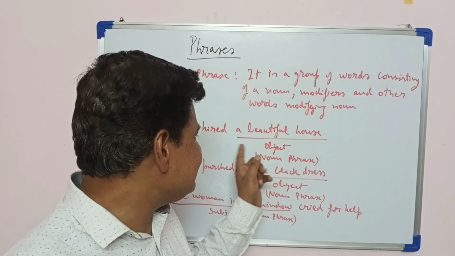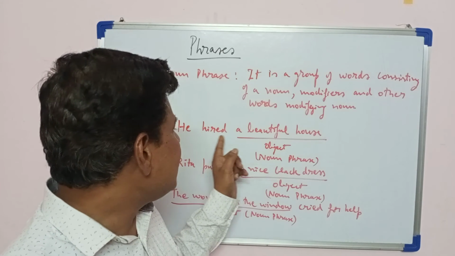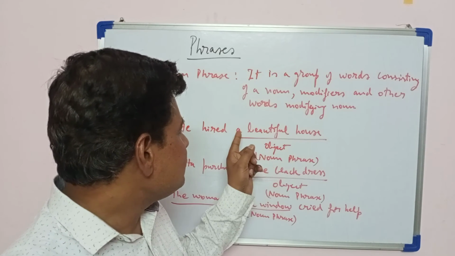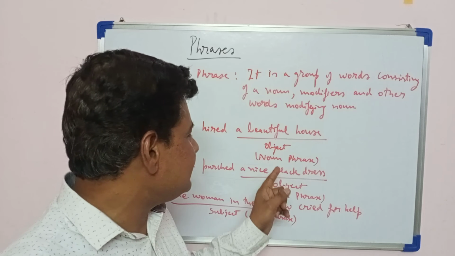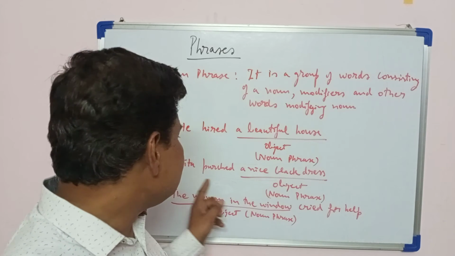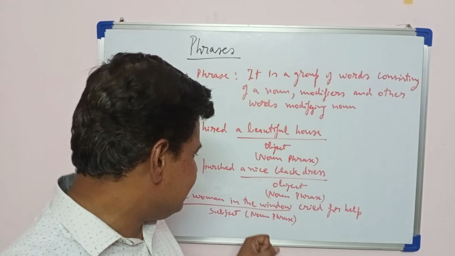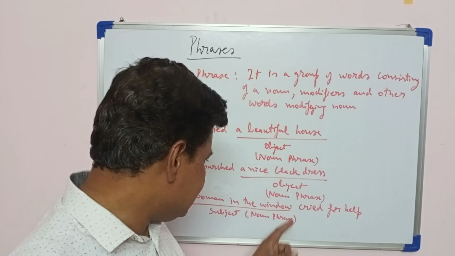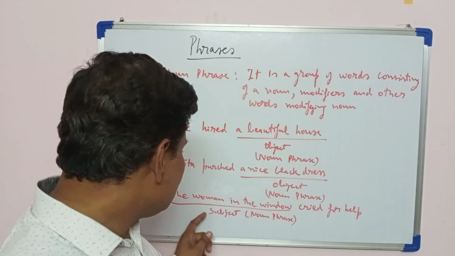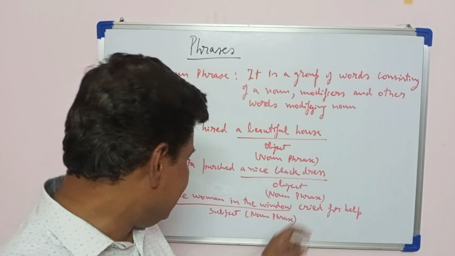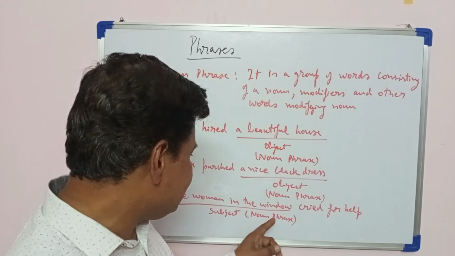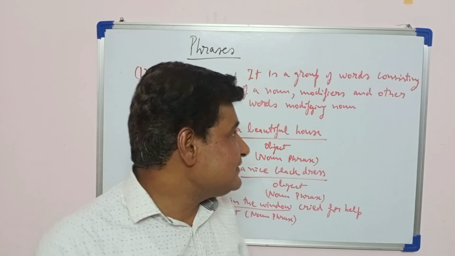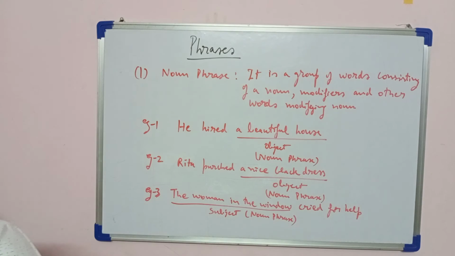So you can easily see in the first example, he hired a beautiful house. So a beautiful house is the object and it's a noun phrase. Rita purchased a nice black dress. Here it is also an object. It's a noun phrase. The woman in the window cried for help. So here it is the subject, a noun phrase. Let's see some more examples.